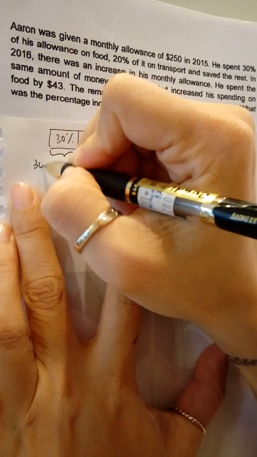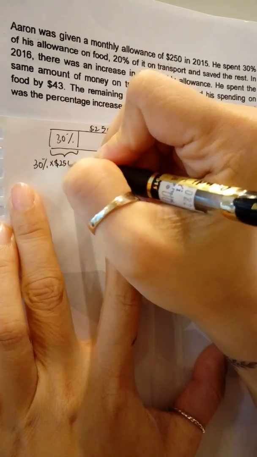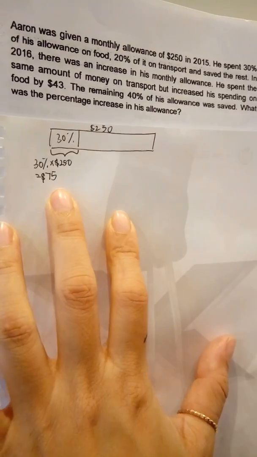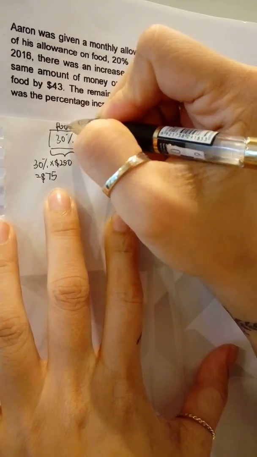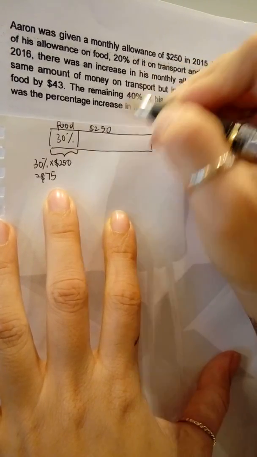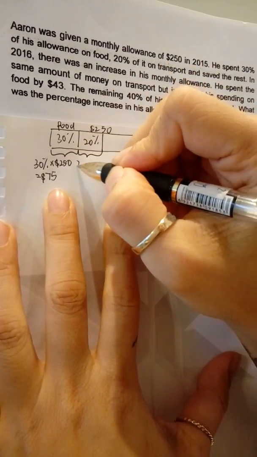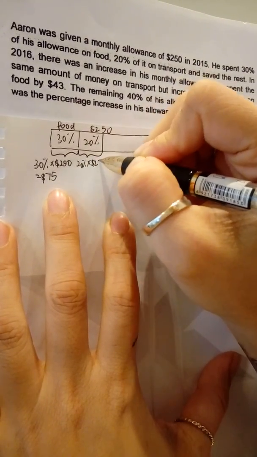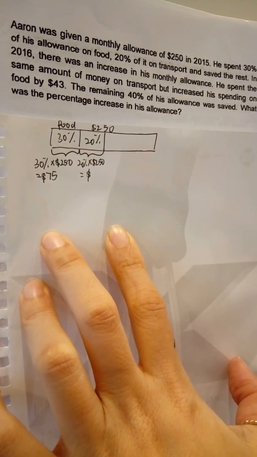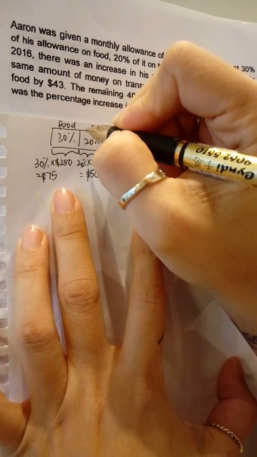So this is on food. 20% of it, remember, just pay attention, it's not 20% of the remainder, but 20% of the total, on transport.